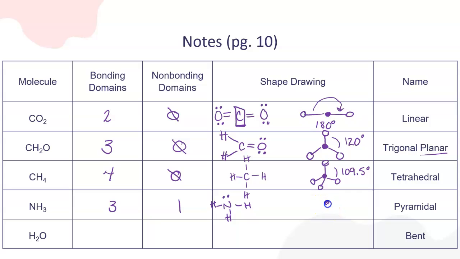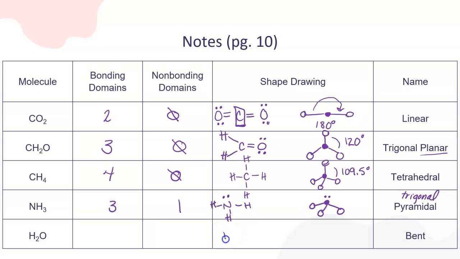When we draw it, since it adds up to 4, it should look similar to the tetrahedral, but we're going to swap one of them out for a lone pair. So we'll draw the bottom ones for the hydrogens and then stick that on top. It is pyramidal or trigonal, because there are other pyramidal shapes that we aren't going to cover in this class. Trigonal pyramidal because the base of it looks like a triangle. All good?